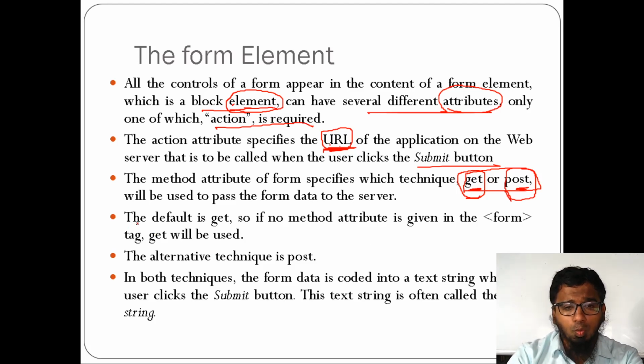The fourth point: the default is get. So if no method attribute is given in the form tag, get will be used, which means get is the default method attribute.